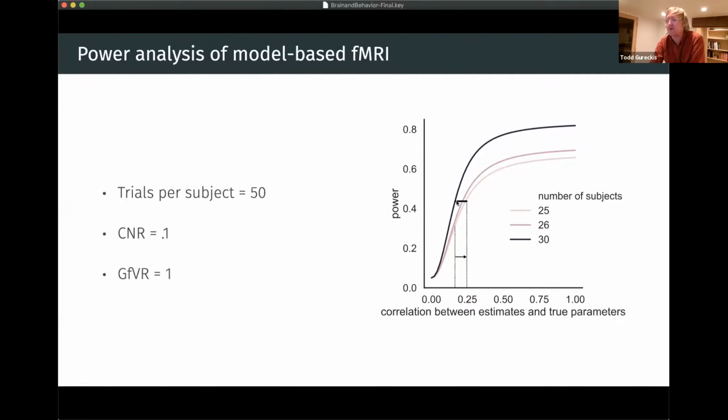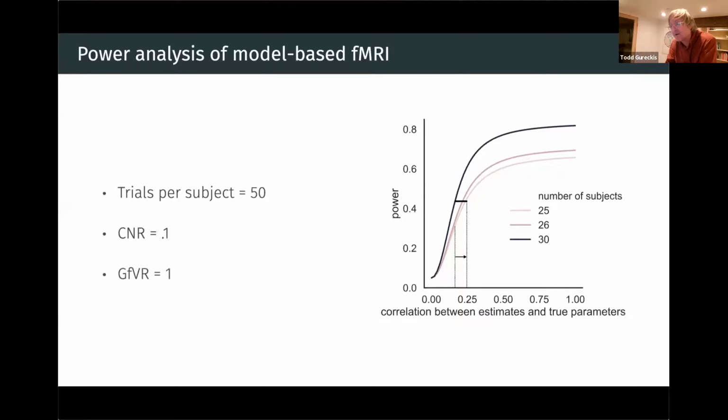In this case, you could read off and say that improving your model this much is about the same as adding 5 subjects to your fMRI design, which I think is an interesting and compelling trade-off about how much better it can get to get a good cognitive model versus the blunt force thing that most people do, which is just adding more fMRI subjects.